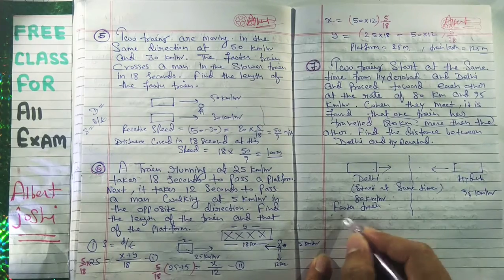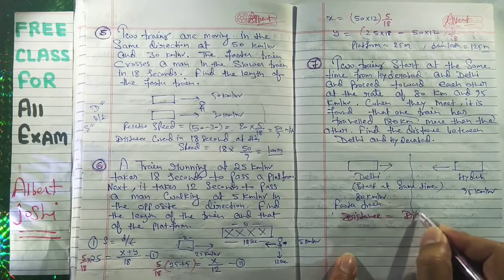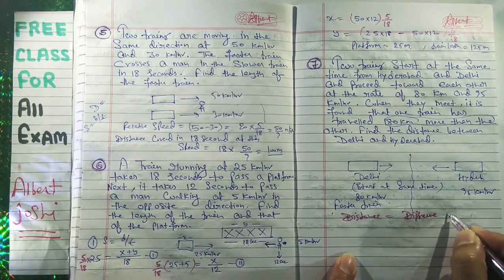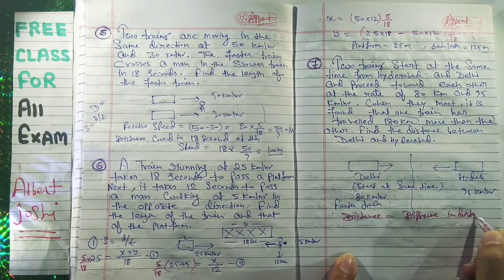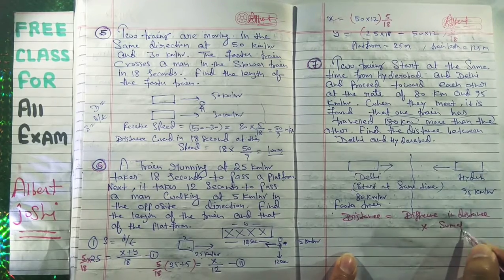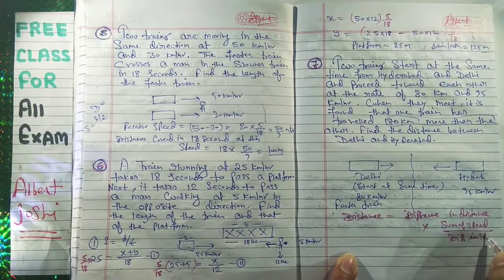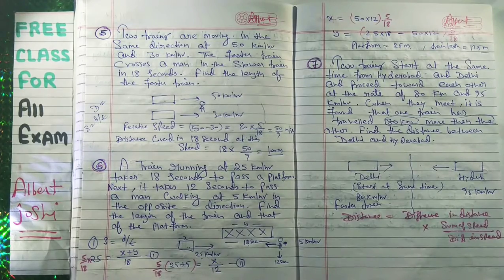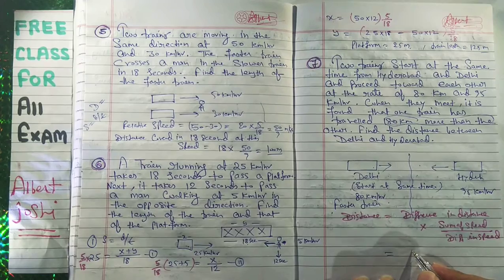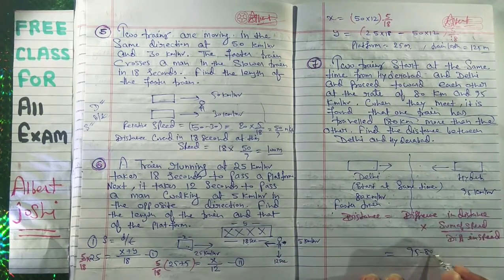The trick is: distance is equal to difference in distance into sum of speed upon difference in speed. Very simple. What is the difference in speed? 95 minus 80.